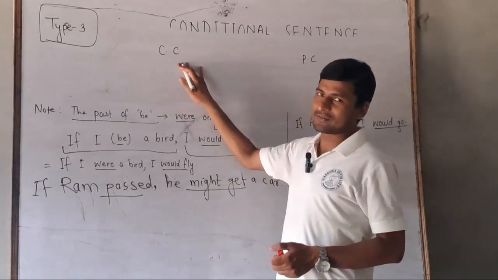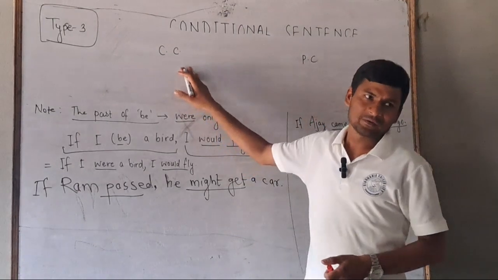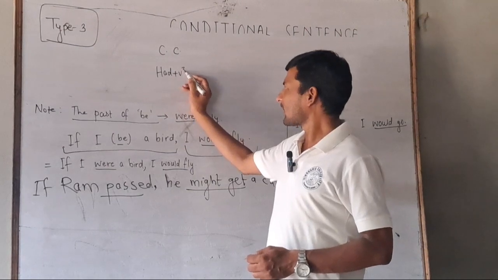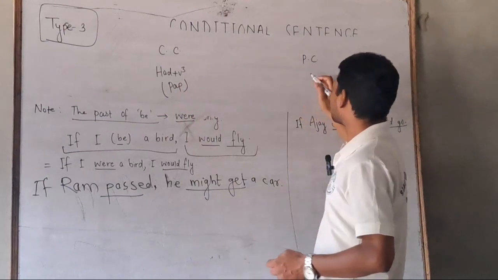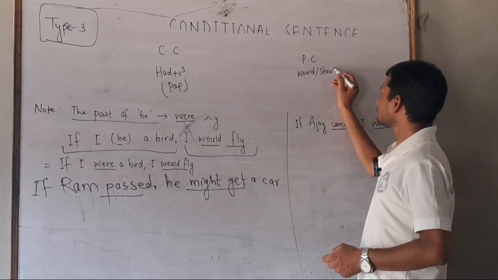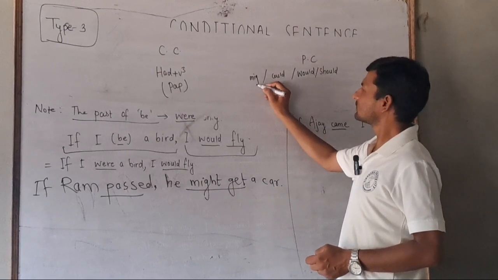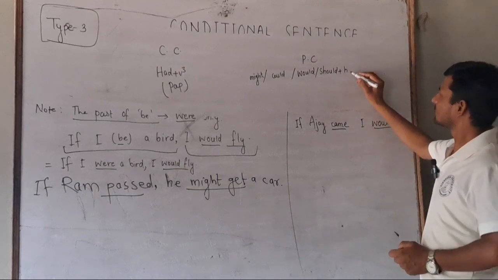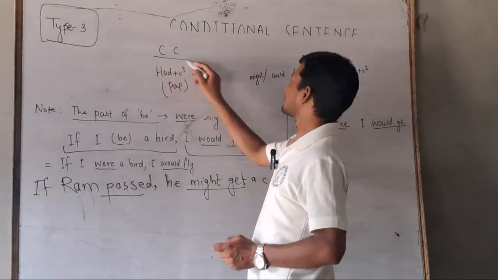In CC and PC, CC means conditional clause, I have told you. PC means principal clause. It starts with if, whether, unless, provided, suppose that, etc. In CC you find had plus verb 3, or you can say past perfect tense. This side you find would, should, could, might, one of these plus have plus verb 3.